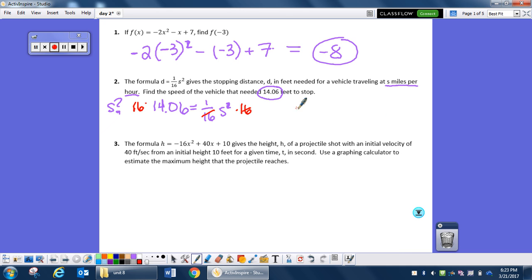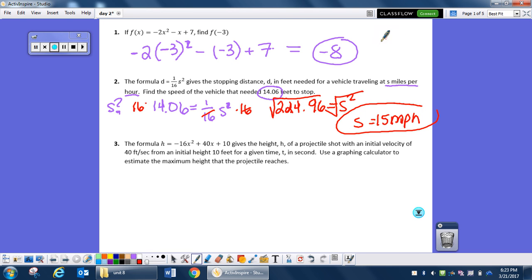And that gets you to 224.96. Hopefully it works out so it gets you to something that's very close to a perfect square, because now when we do 16 times 14.06, we get 224.96, and now you have to square root, okay, and if you get your rounded answer, it should be 15 miles per hour. Okay?